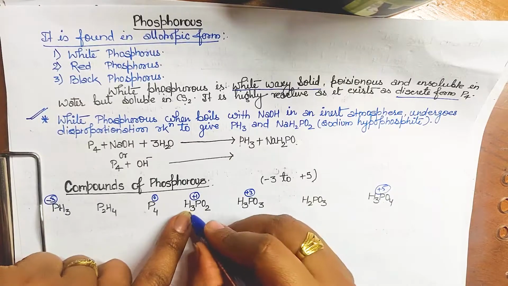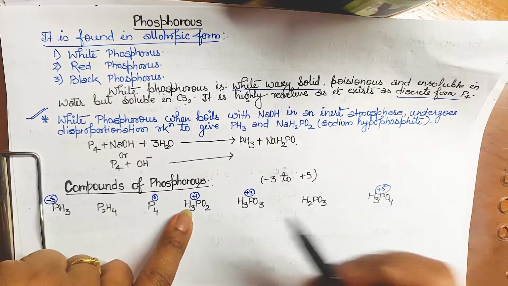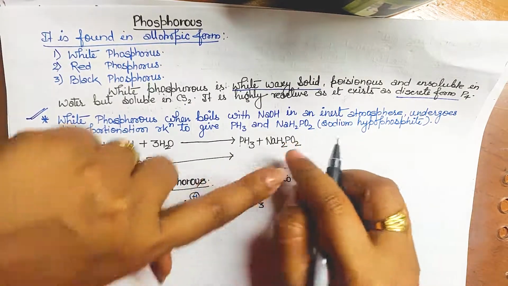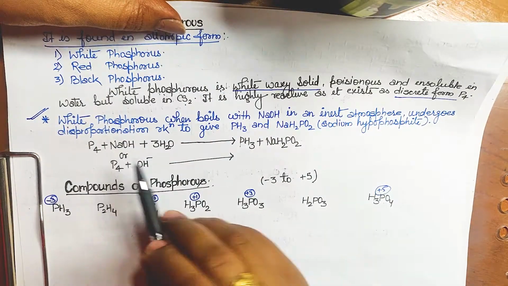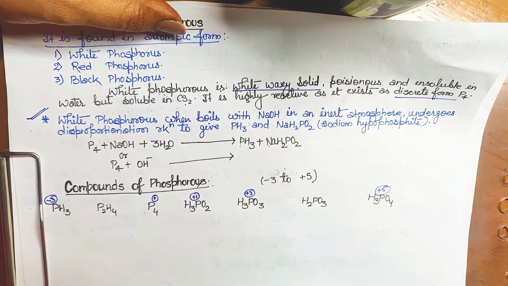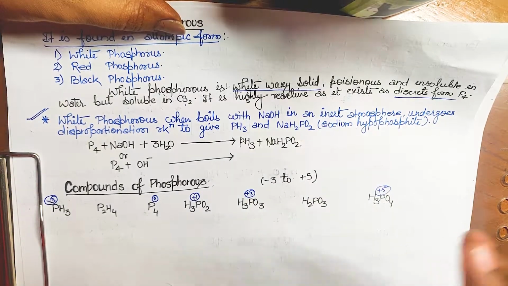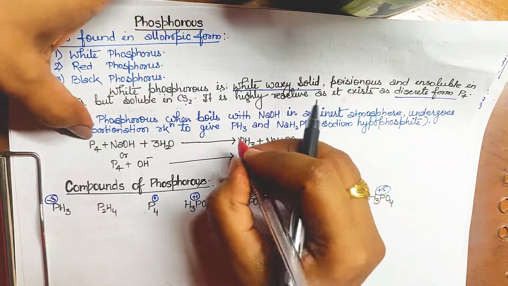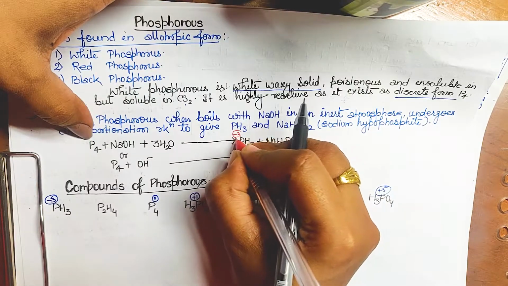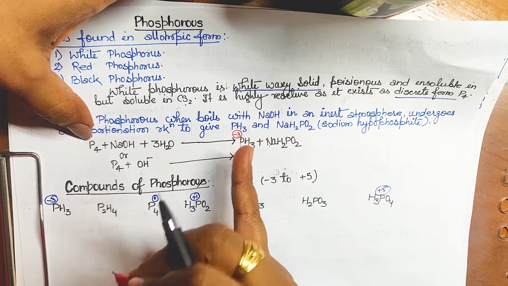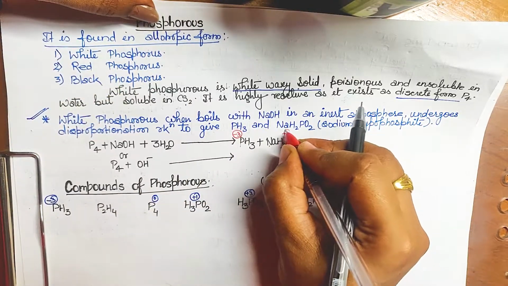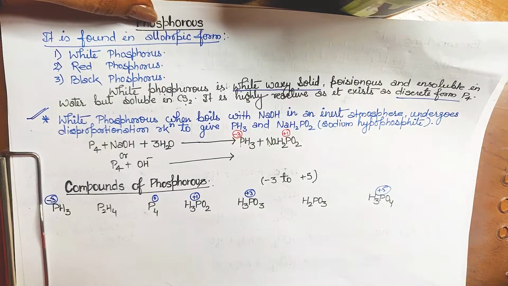So this is H3PO2. In this H3PO2, one hydrogen will be substituted with Na because Na is over there. So this will form NaH2PO2. Done. So what you have to keep in mind is that when P4 undergoes disproportionation, there is only one reduced product possible, and on oxidation it gives the +1 oxidation state. That thing you have to keep in your mind.